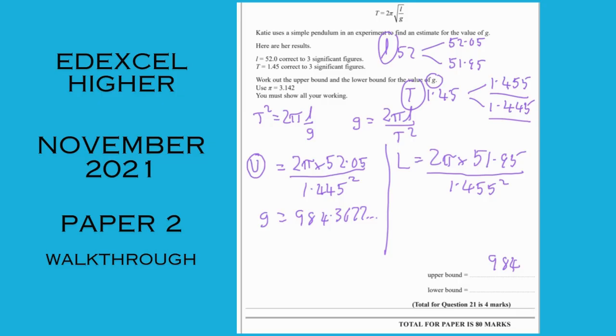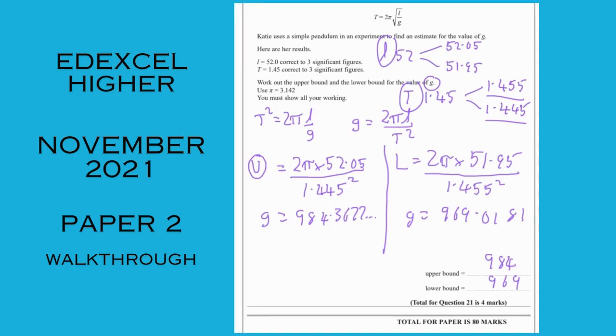Again, stick it in your calc. Your value of G should be coming out at 969 point a whole lot of nonsense. I rounded to 969. Gotta say, not a bad paper early on. Real sort of thinking questions at the end. So I hope that's helped, and I'll see you on the next one.